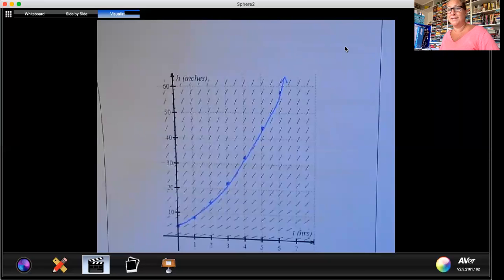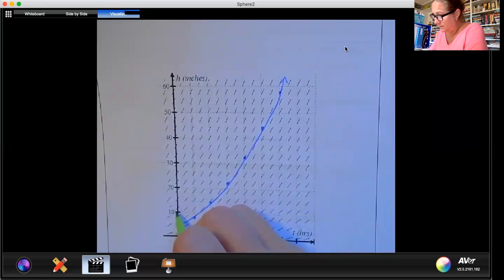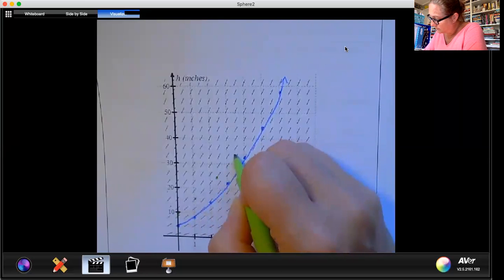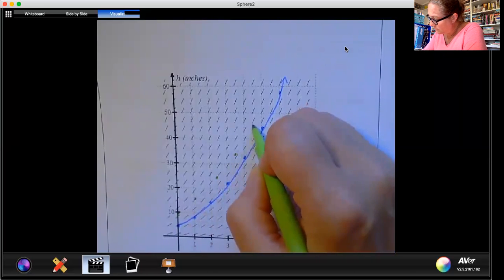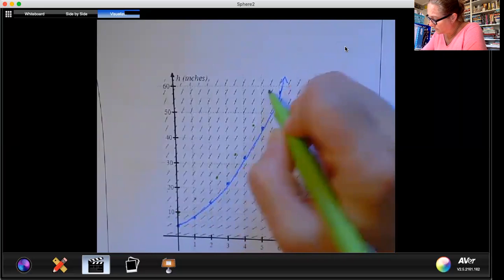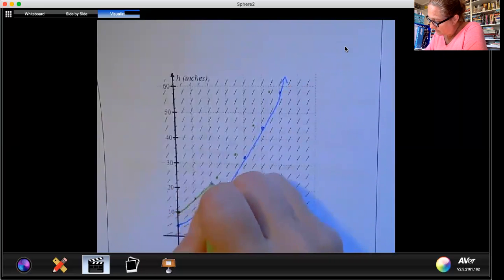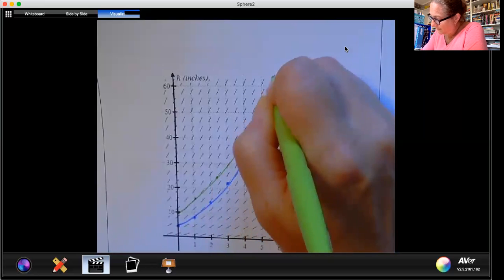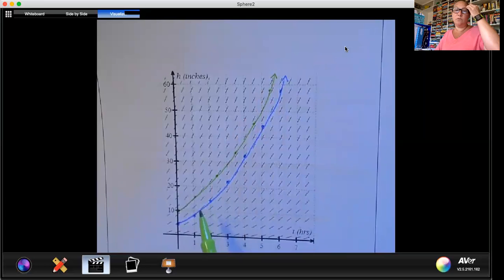So that means choose any points that you want that are going to fit the slope field and that are going to fit your curve. I know it's kind of hard to think about paralleling a curve, but you want it to just kind of go as the slope field goes, in the same direction that the curve would go. And remember why this would be different. This would be different because of the amount initially in your vat.